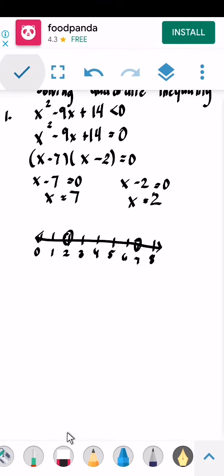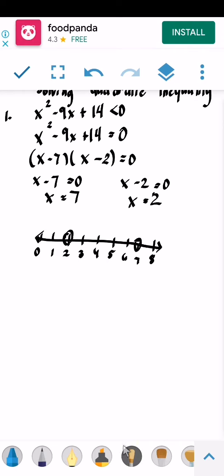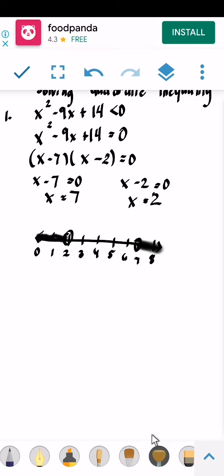Possible na ang ating interval ay ito, wherein x is less than 2. Pwede siyang maging 0, 1, negative numbers. Or, possible din na maging greater than 7 siya. So, pagka greater than 7, yan na yung 8, 9, 10, 11, 12. Or, possible din na in between siya.